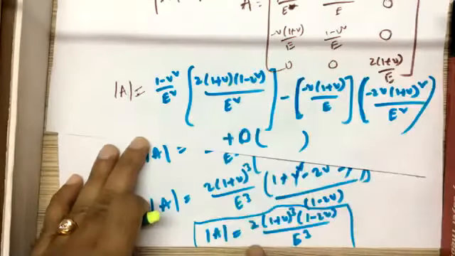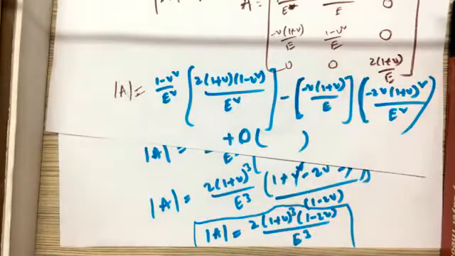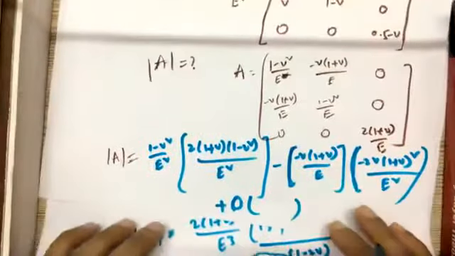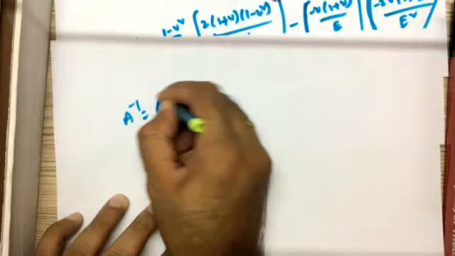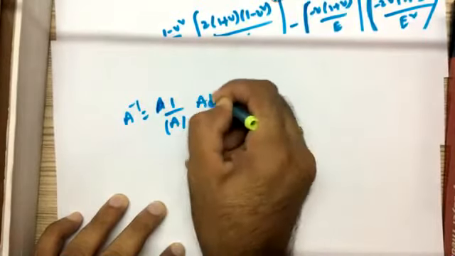Adjoint A by det A is your A inverse, right? So A inverse is equal to 1 by det A into adjoint A.